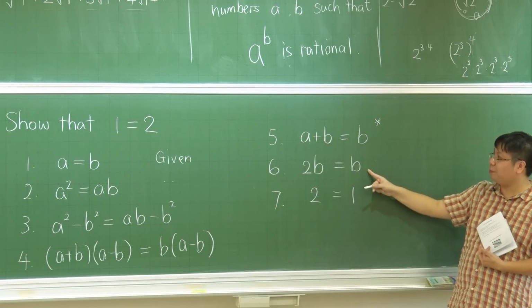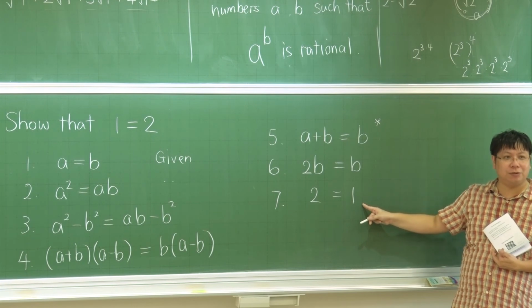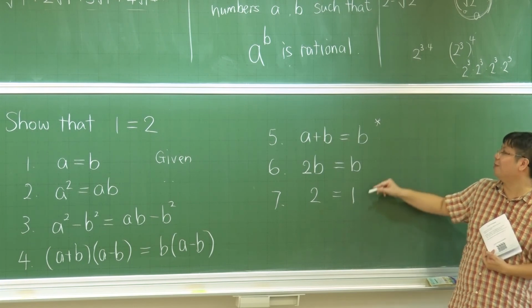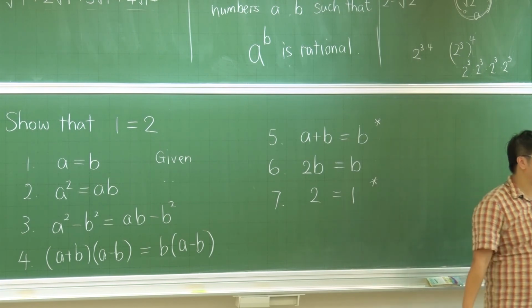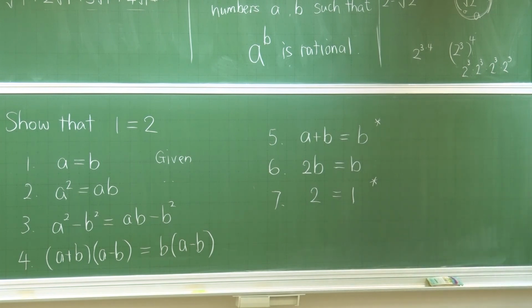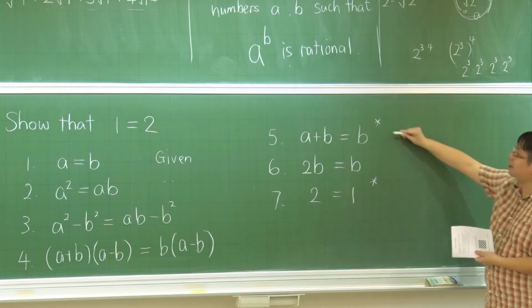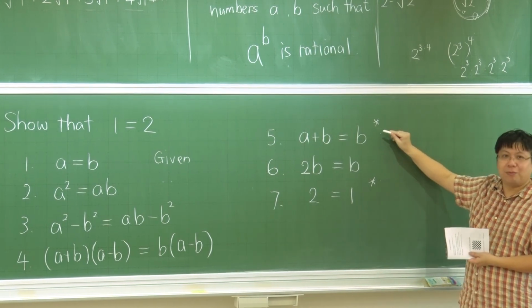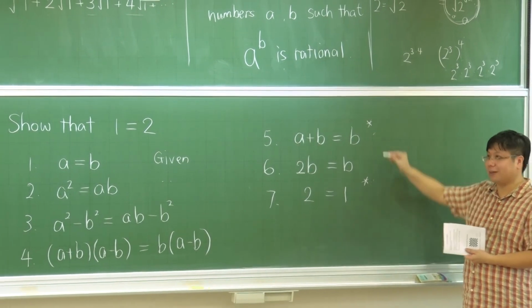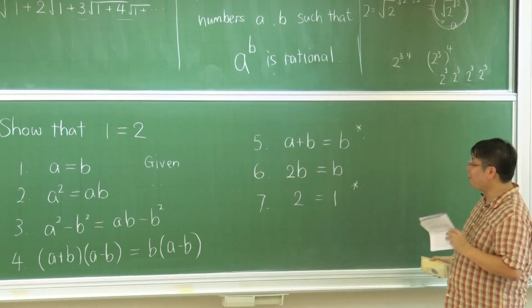How about this one? If 2B is equal to B, is it true to say that 2 is equal to 1? No. Again, this is not correct because we are dividing B from both sides, and you are not sure whether B is equal to 0 or not. So there are 2 places that are wrong, and this is more wrong than this one. So this is the first one.